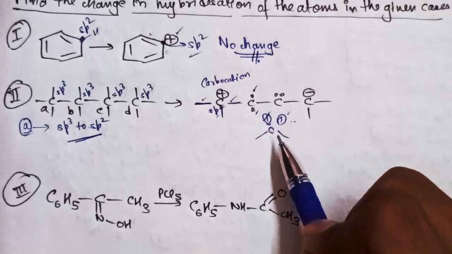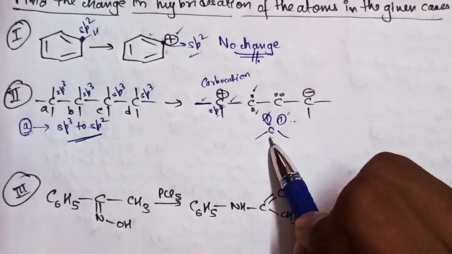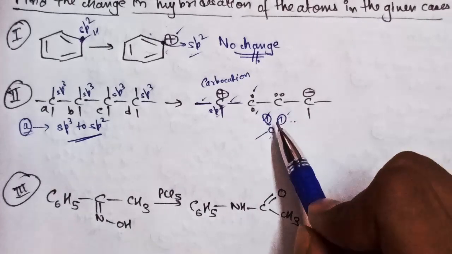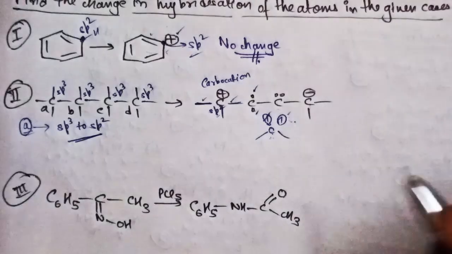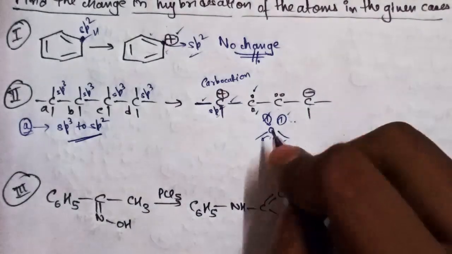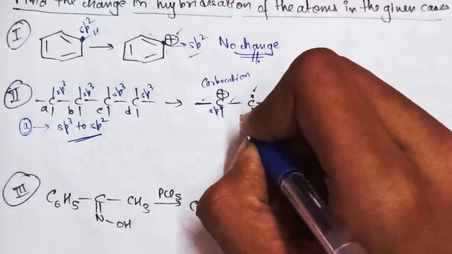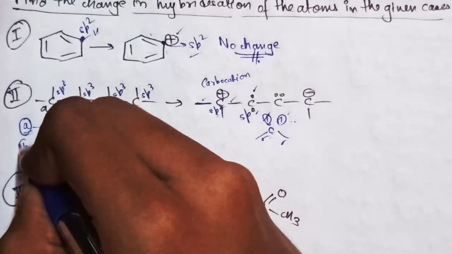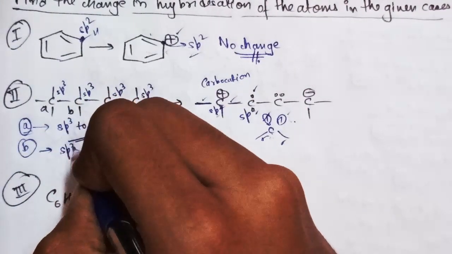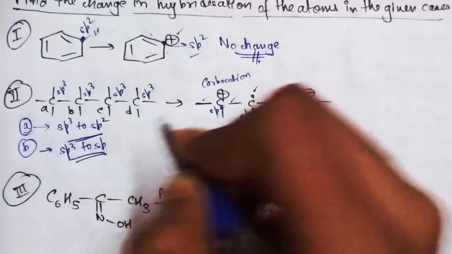In general cases, we don't assume that there is a positive charge induced. Therefore, these 2 electrons will not individually participate in the hybridization, making 2 sigma bonds available for hybridization. Therefore, the hybridization of this carbon atom will be sp. For B, the answer is sp3 to sp.